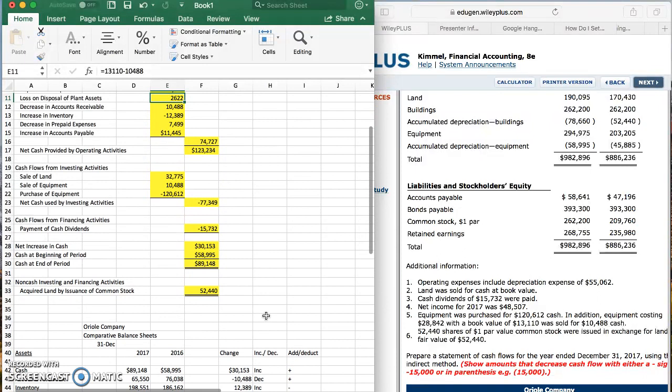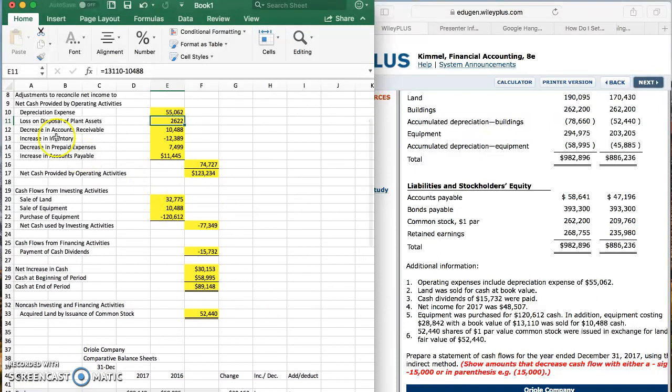So what we did was, because accounts receivable is a current asset and it was decreased, we know that it's going to be added to cash. So we added the $10,488.